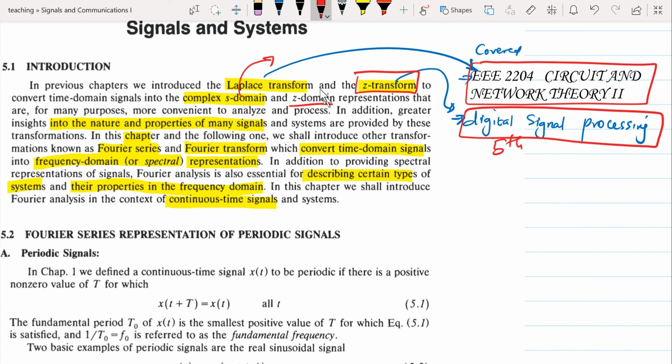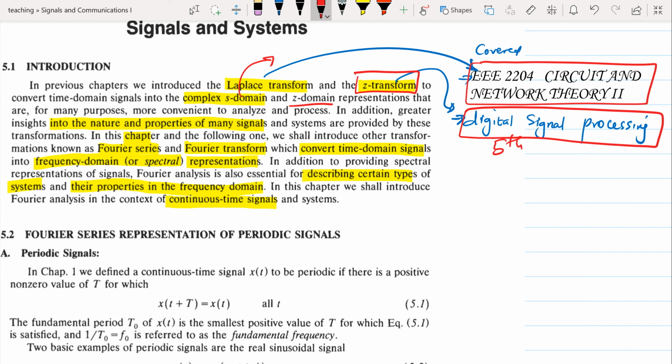In addition, greater insights into the nature and the properties of many signals and systems are provided by this transformation. So we are more likely to understand how a signal or a system behaves when we analyze it in the Laplace or Z transforms. Now, in this chapter and the following one, we are not going to be dwelling much on the following one because it deals with discrete time, and those concepts are dealt with in another unit.